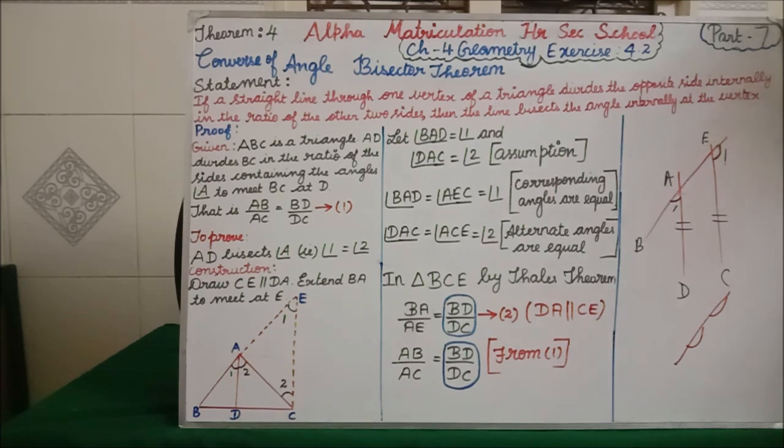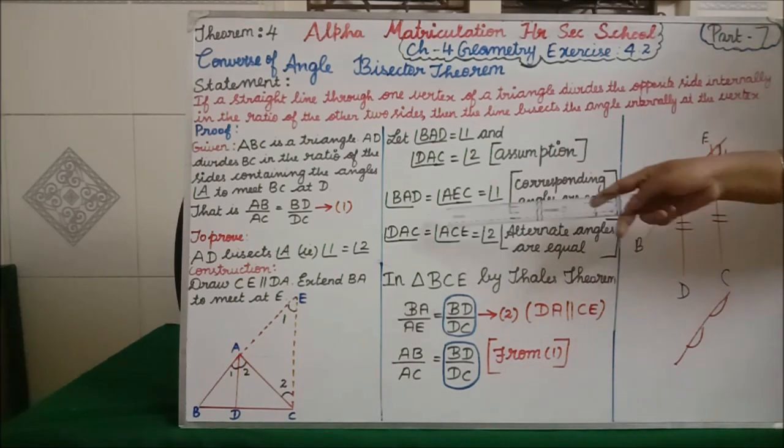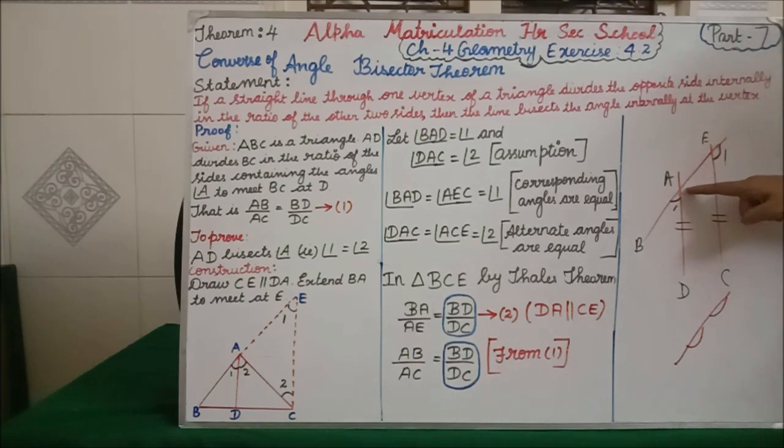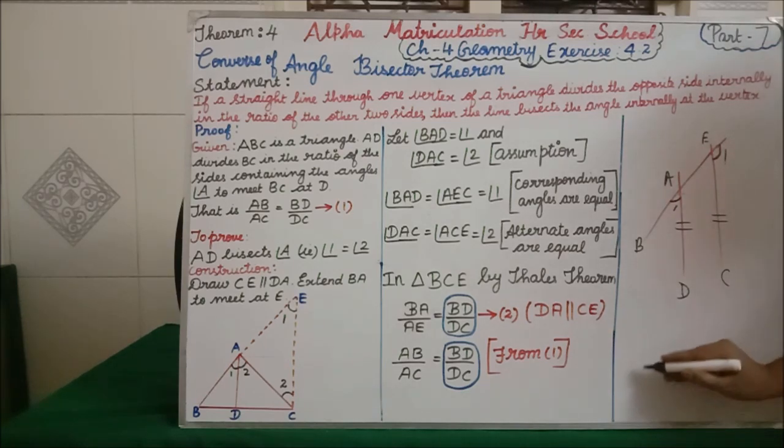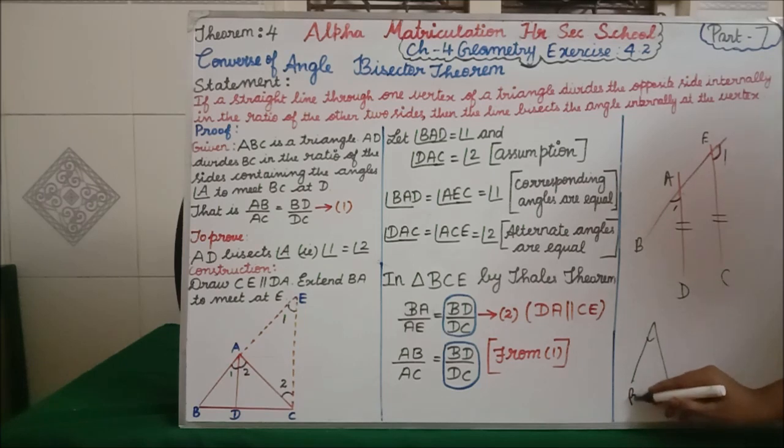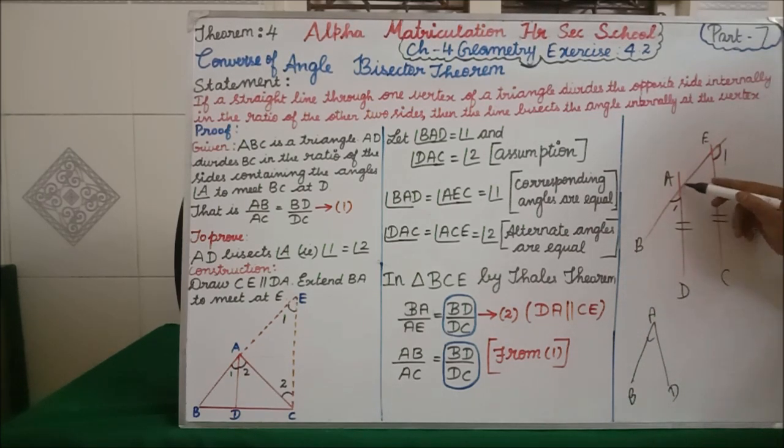Now how can we write? BAD is equal to AEC. In what form is it coming? Here BAD: here we have B, here A, here D. Similarly here AEC.